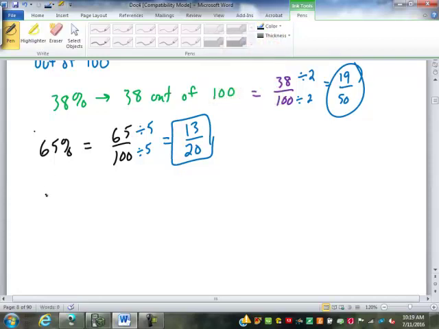So in your notes, what if I give you 40%? Turn that into a fraction.